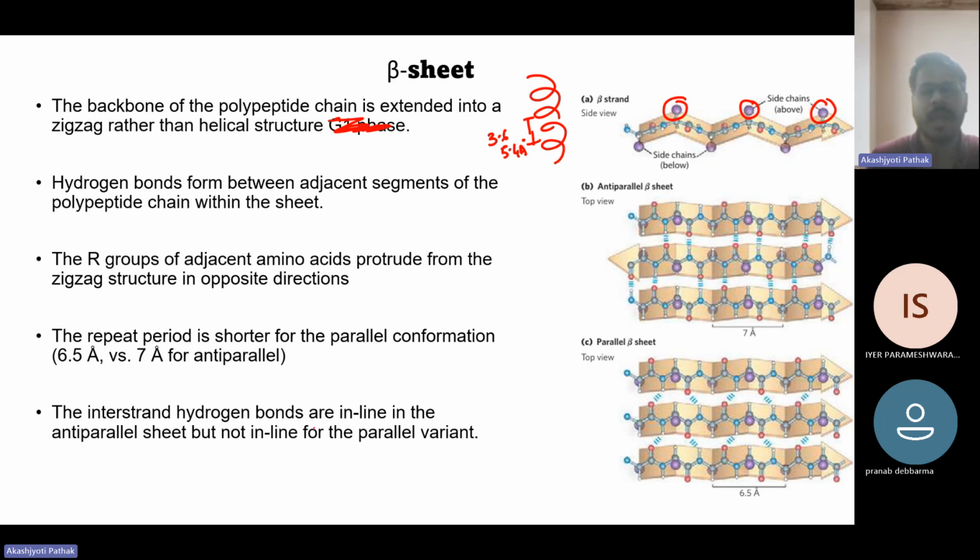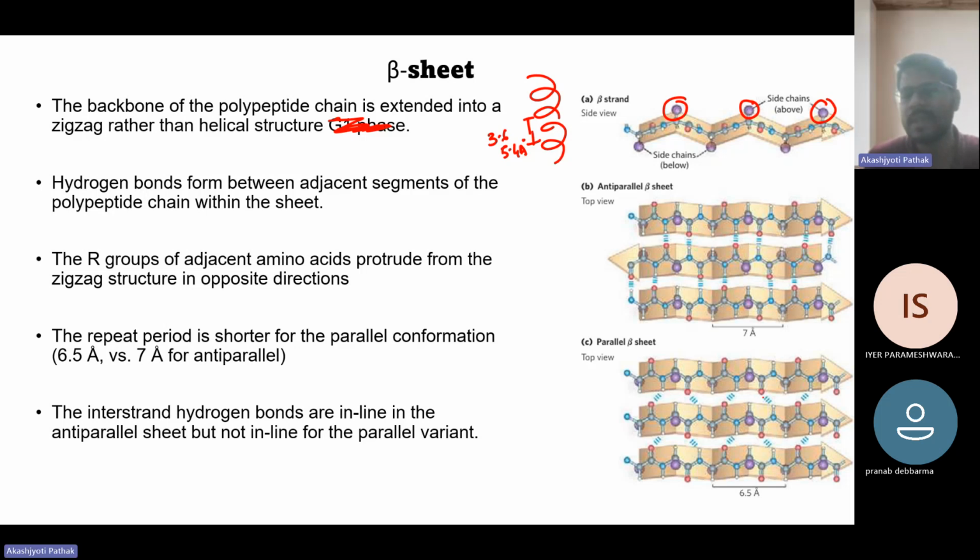Another thing to understand between the anti-parallel and parallel beta sheet is which one is more stable. Is it the anti-parallel beta sheet or the parallel beta sheet? If you see the pattern of hydrogen bonds present in the anti-parallel and parallel beta sheets, as you can see in this figure also, in the anti-parallel sheet the hydrogen bonds are in line, while in the parallel beta sheet they are not in line.